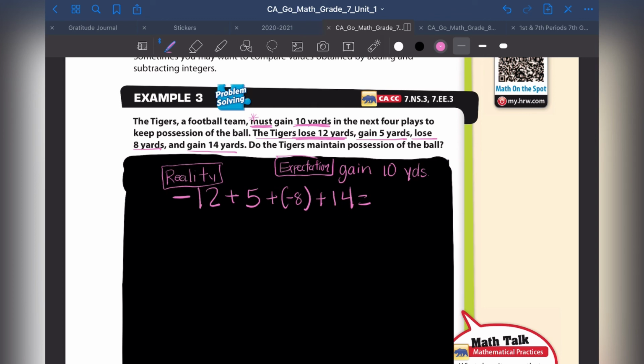So I'm going to start from left to right. So I'm going to start with these two: negative 12 plus 5. 12 minus 5 is 7. And I keep it negative because, again, 12 was negative.